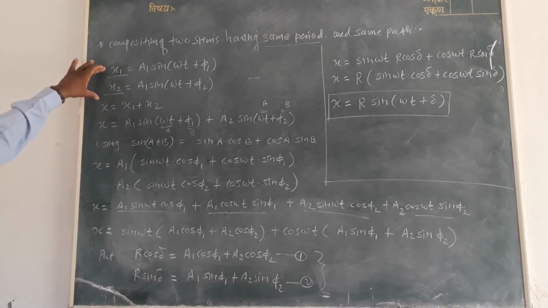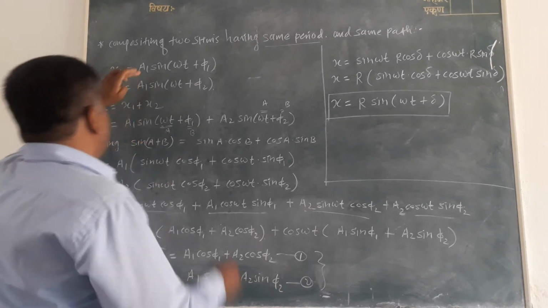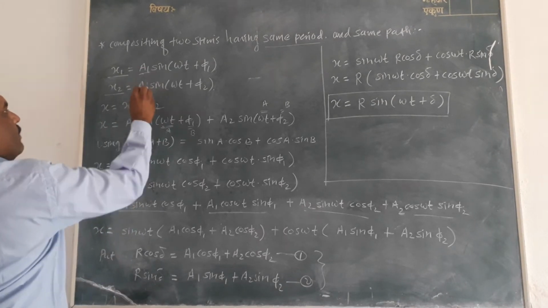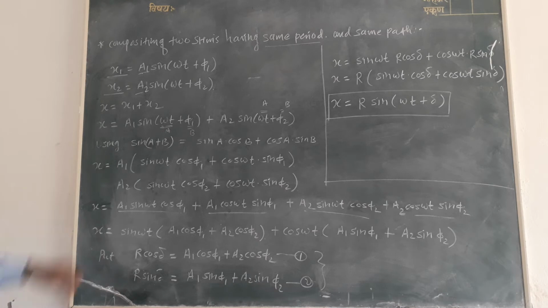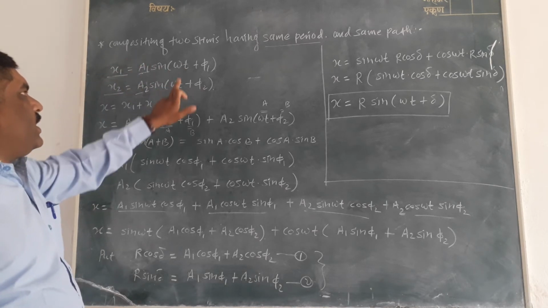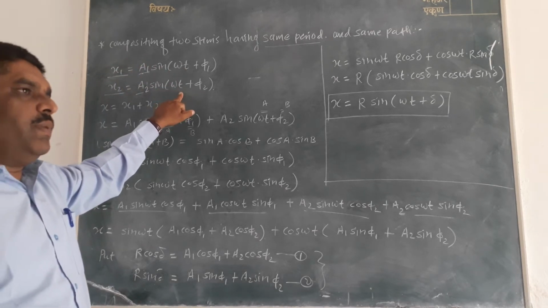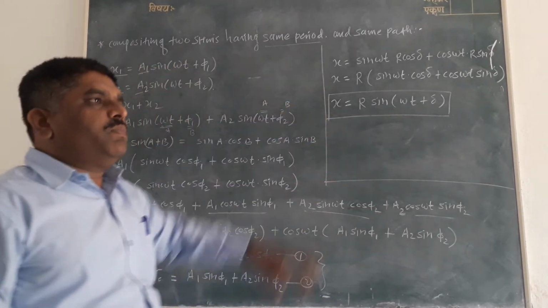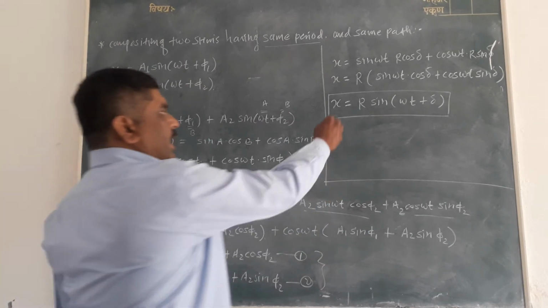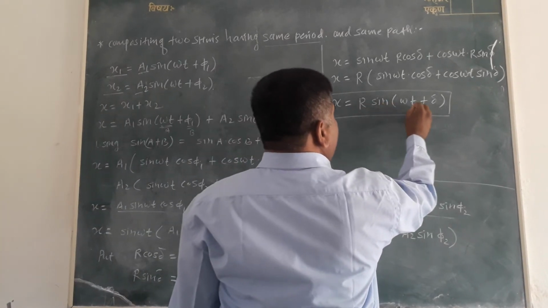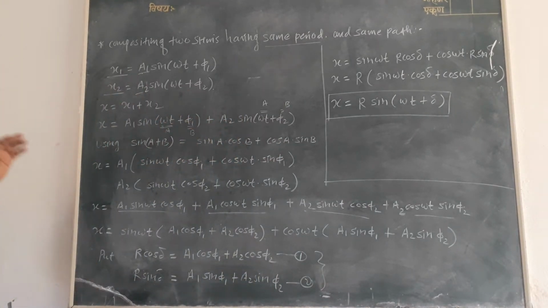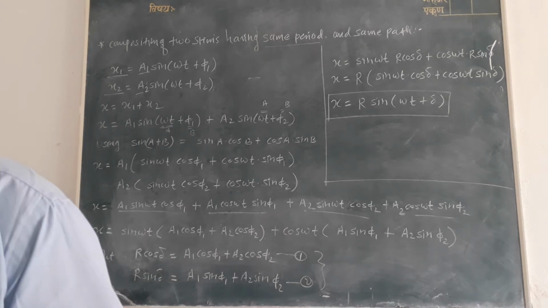The a1 and a2 are the amplitudes, different amplitudes, but omega t, the period, is the same. Hence the resultant equation of these two SHM is x is equal to r sin(omega t plus delta). Now we calculate the resultant amplitude, the equation of resultant amplitude of these two SHM.